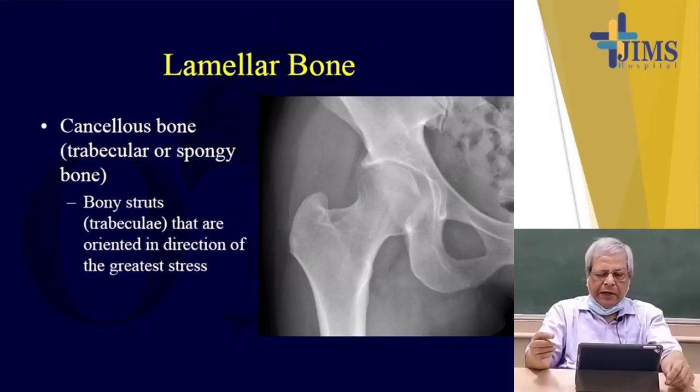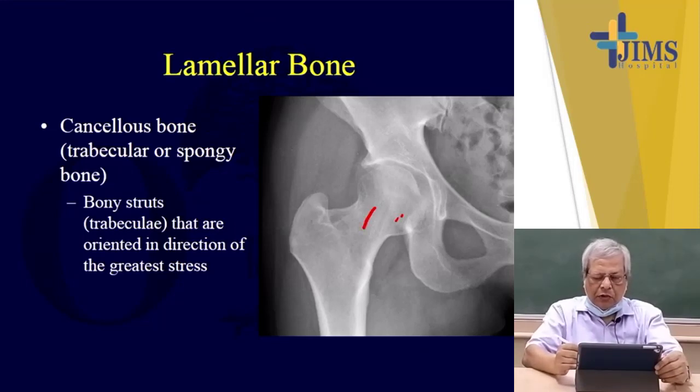This is a lamellar bone, trabecular or spongy bone. These are the trabeculae. It means collagen fibers arranged parallelly. These are oriented as per the line of stress.